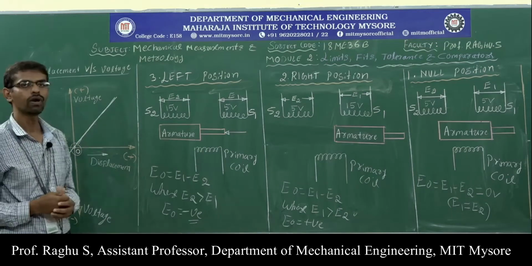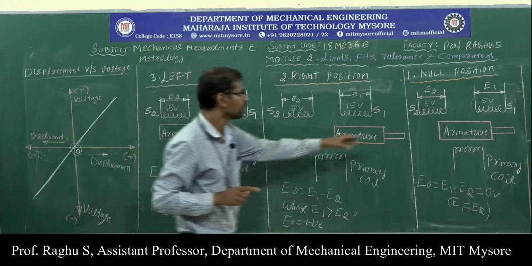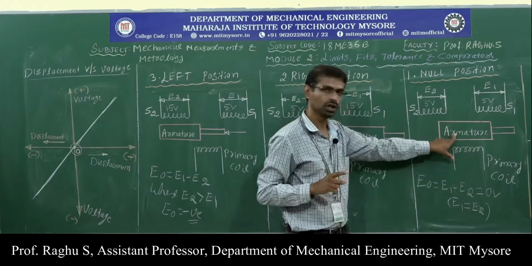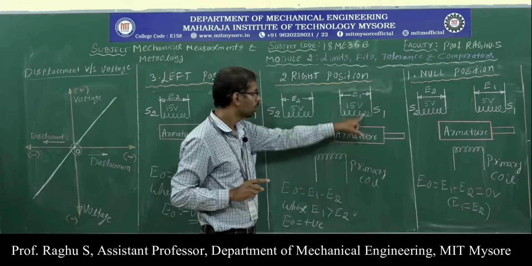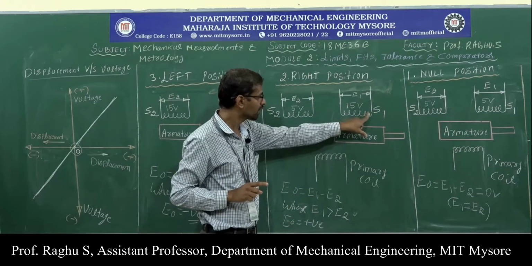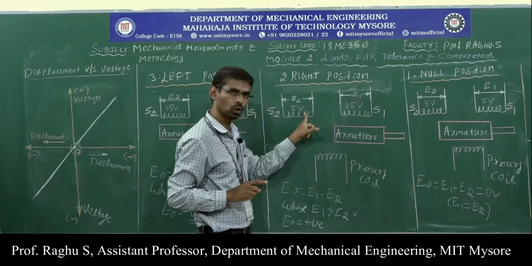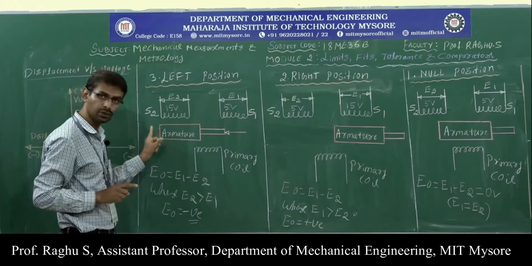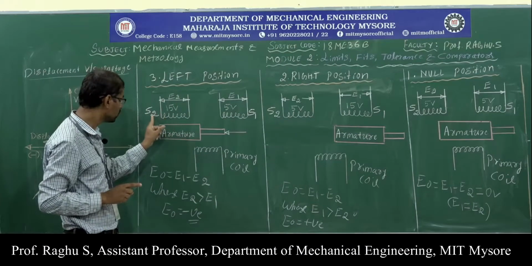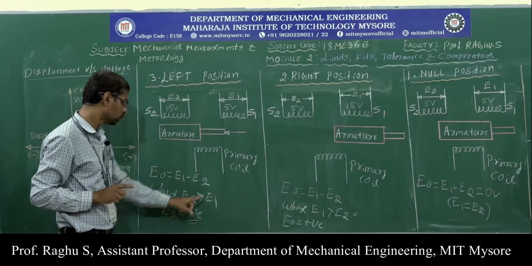So this is the working of LVDT. Remember, when the armature is at the null position, we are getting 0 voltage. When the armature is at the right side, more voltage is induced in secondary coil 1 than S2. When armature core is at the left side, more voltage is induced in S2 than S1. Therefore, E2 is greater than E1.